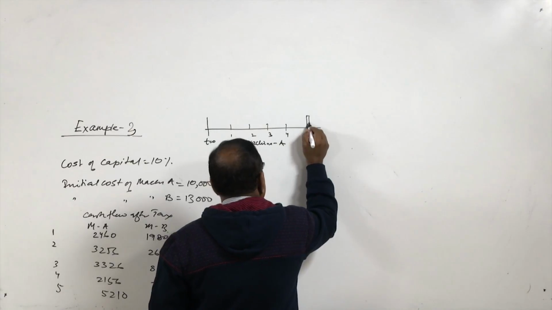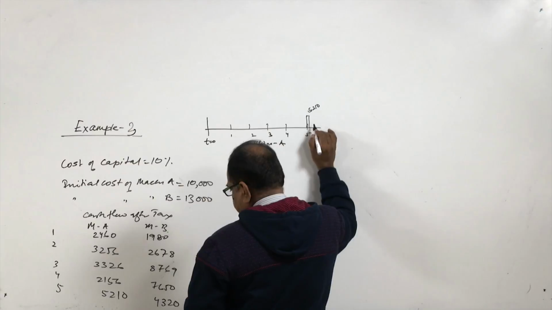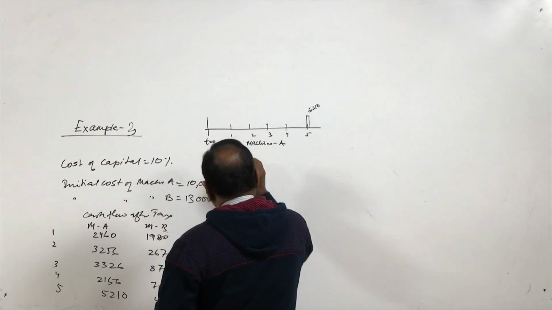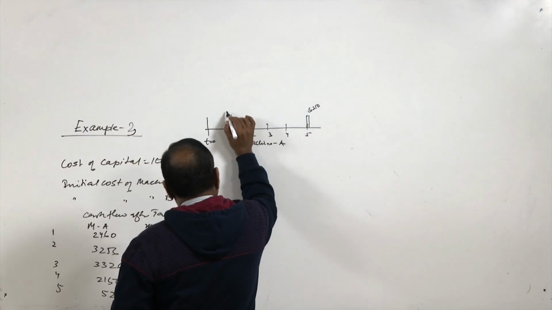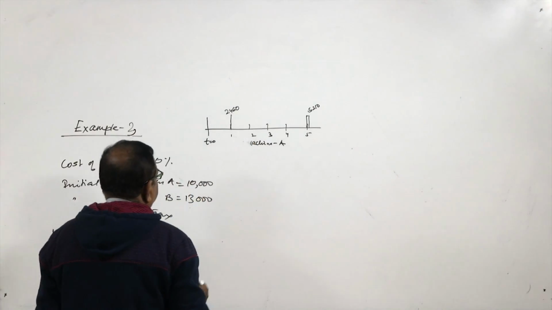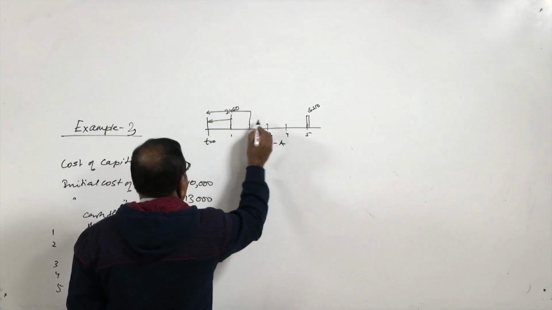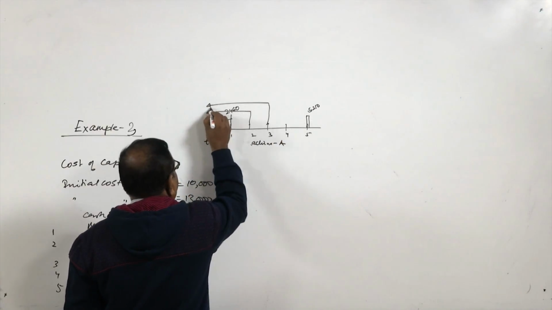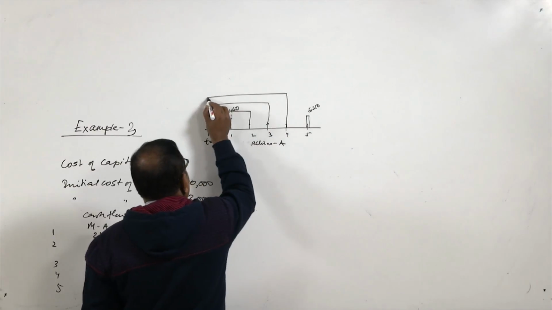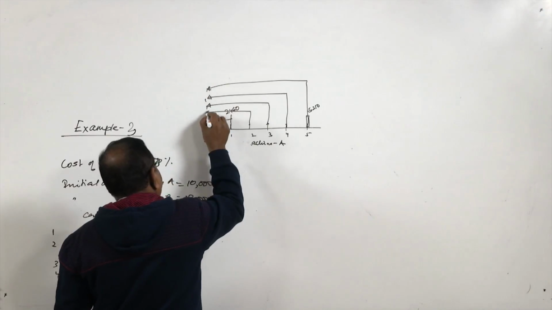Now, here the payment is 5210 and here the payment is 2460. So, what we have to do, we have to find out the present value of all this, and then add it up.